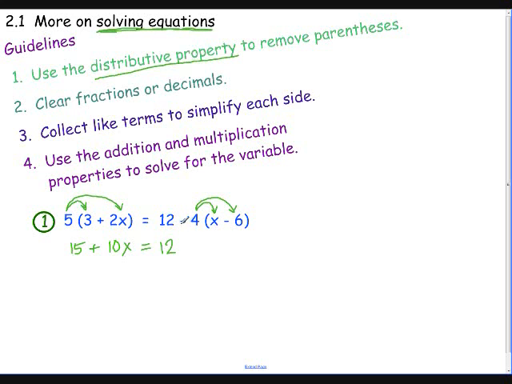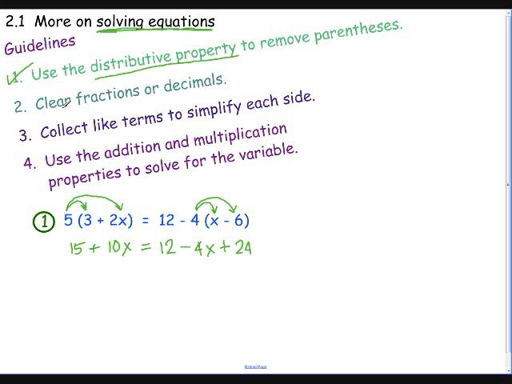Then I'm going to multiply a negative 4 times x and a negative 4 times a negative 6. That's right. That's sharp of you. That's right. It's going to be a positive. Okay, so we used the distributive property to remove parentheses.